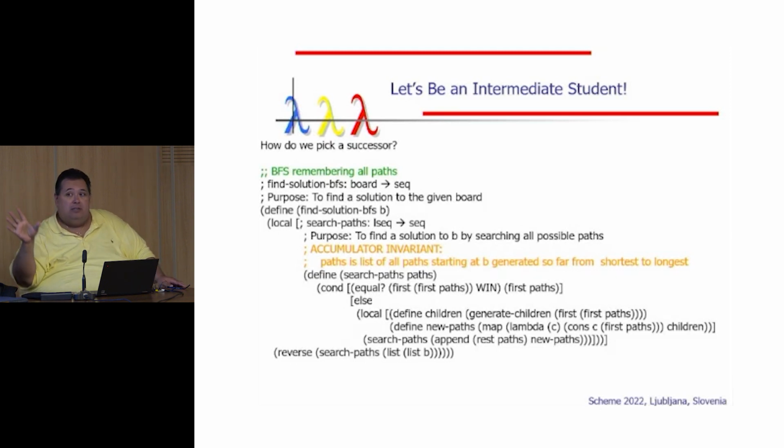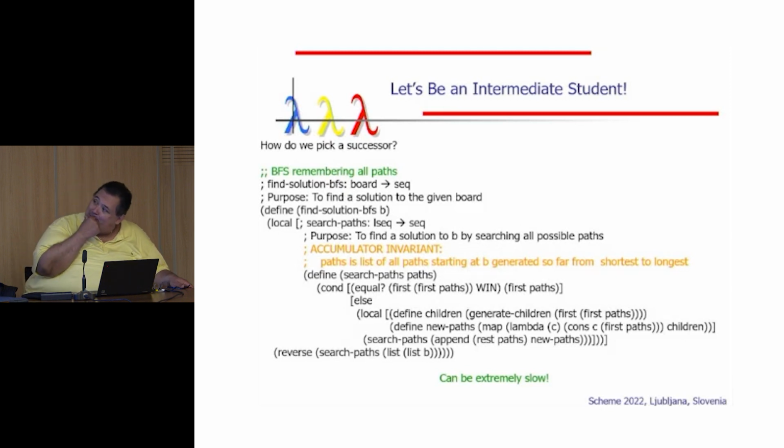And this is guaranteed to halt, to find a solution. And of course, let's run it. And it's extremely slow. And again, nothing worse than a slow video game. So now what do we do?